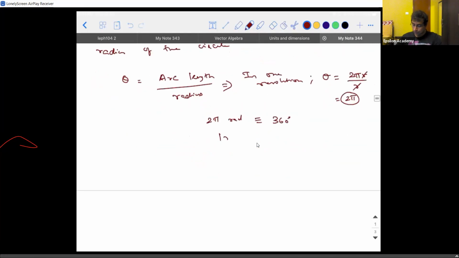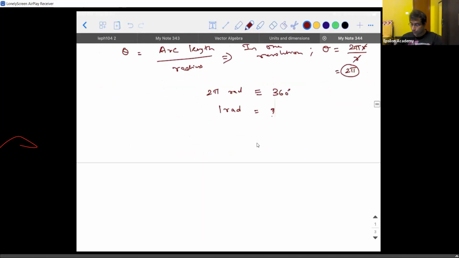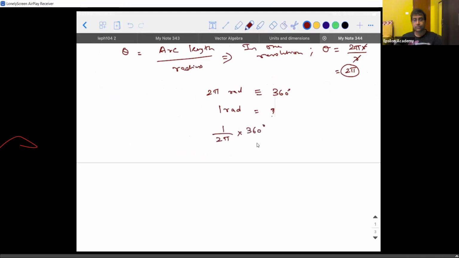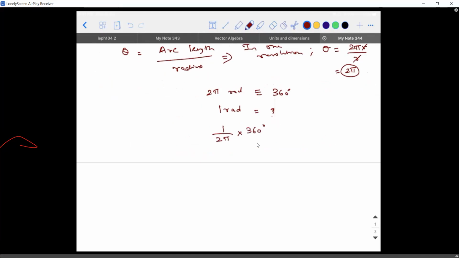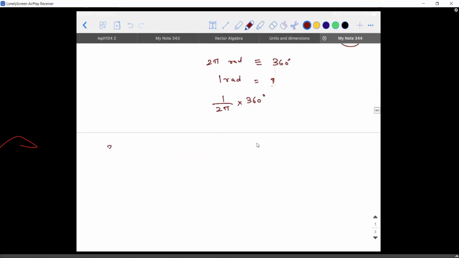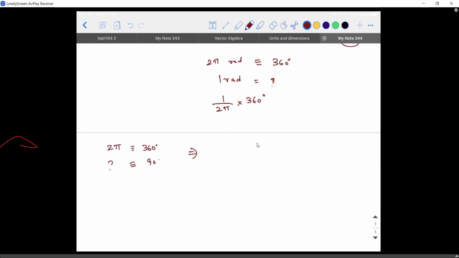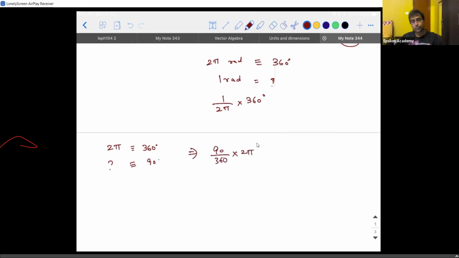Then 1 radian will be equal to how many degrees? It is 180 upon pi, that is 360 divided by 2 pi. From this context only, yesterday I told you one thing. See, if 2 pi is equivalent to 360 degrees, how many radians will be equal to 90 degrees? It will be 90 divided by 360 into 2 pi.